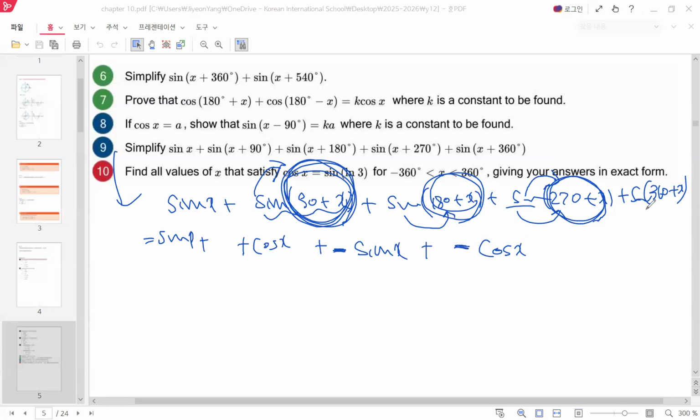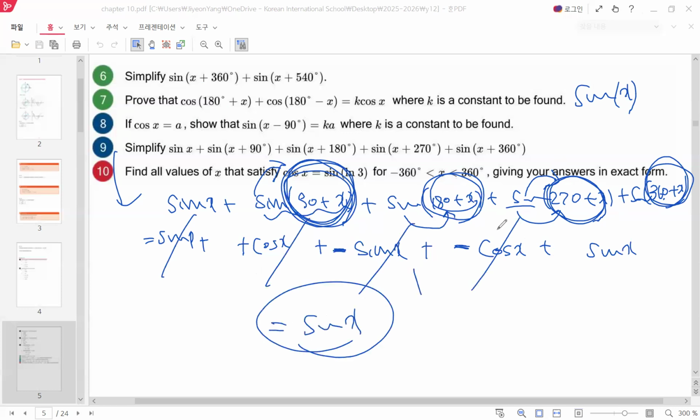And then sine 360 plus x, or simply you can write it down as x, right? Because 360 is one full turn. So if you simplify this, what is left here is just sine x. Okay, so by using this table, you can solve this type of question very, very easily, guys.